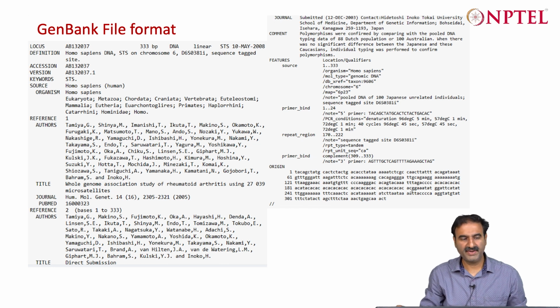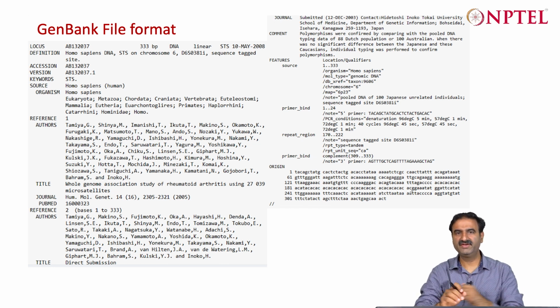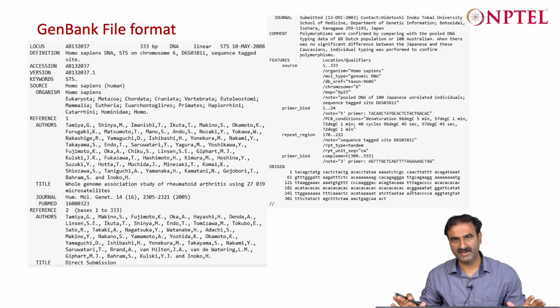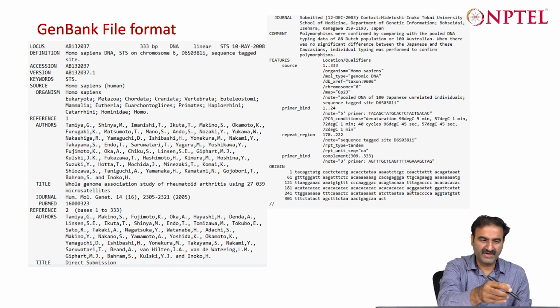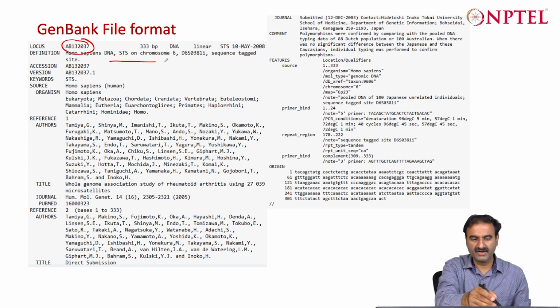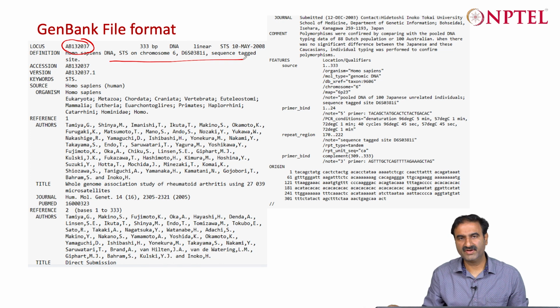Now the GenBank format in detail. This GenBank file is downloaded from NCBI. I search this ID, or some annotation of what I want to search in NCBI, and then I get the option to download the sequence in FASTA format or in GenBank format.